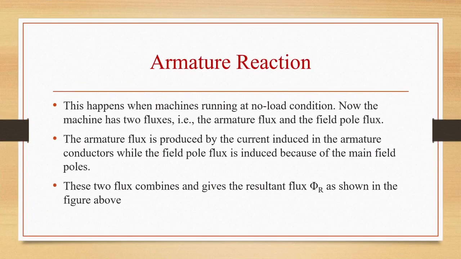This happens when the machine is running at no load condition. Now the machine has two fluxes, armature flux and field pole flux. Armature flux is produced by the current in the armature conductors, while the field pole flux is produced by the main field poles. These two fluxes combine and give the resultant flux phi r.